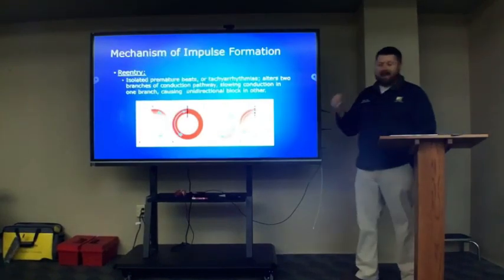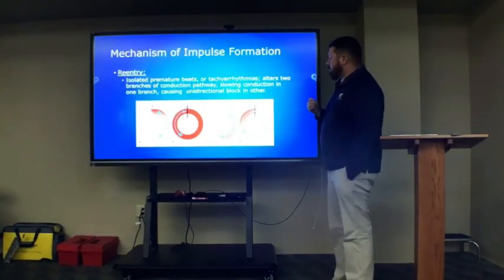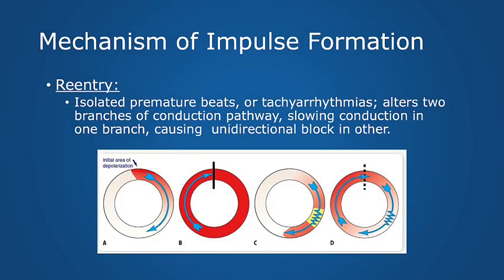Remember the reentry mechanism there. One example of reentry is AV nodal reentry tachycardia. Basically, you've got an ectopic foci that decides to discharge, and it is firing outside of the normal conduction pathway. So when it fires, the other electricity's not in that circuit to where it will dissipate, and so the conduction makes a complete circuit, and then it goes out through all the tissue that's connected to that circuit.